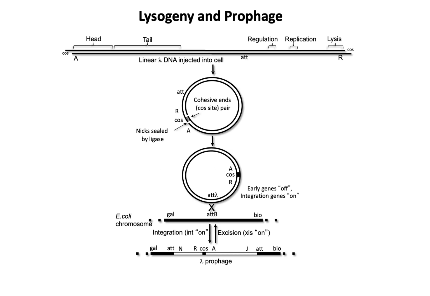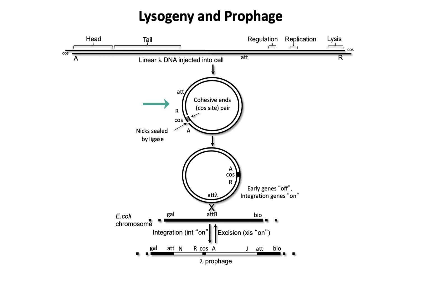So once lambda infects a cell, it can do one of 2 things. It can either go through the lytic cycle, where it makes more copies of itself and lyses the cells, or it can integrate into the chromosome by lysogeny and create a prophage. That is, the virus is integrated into the host chromosome.